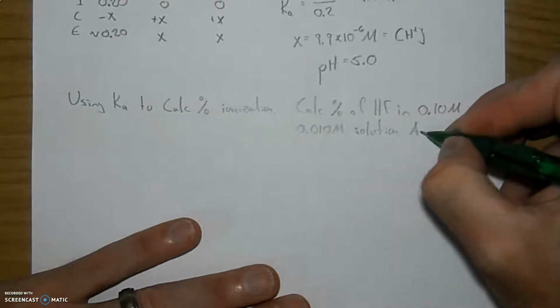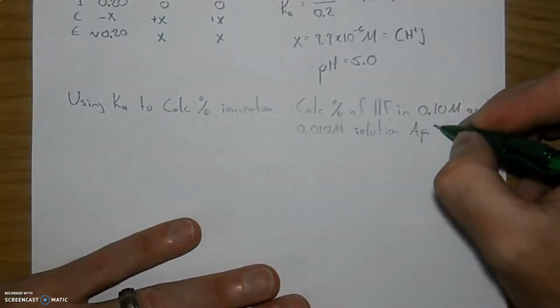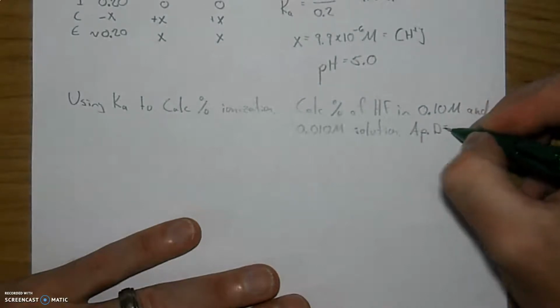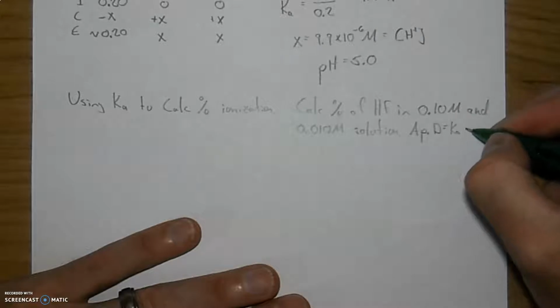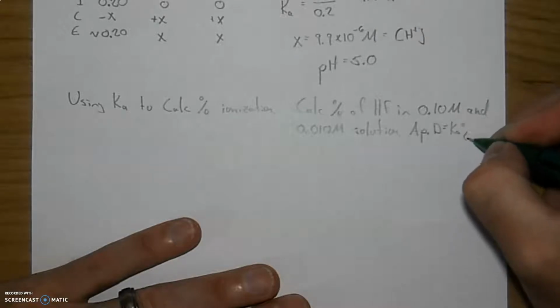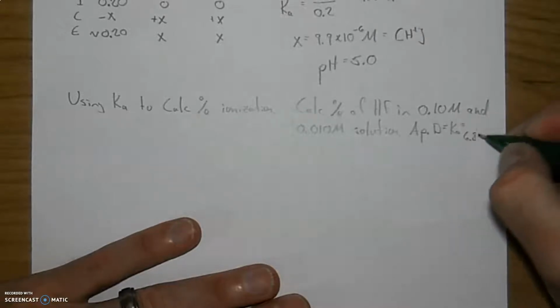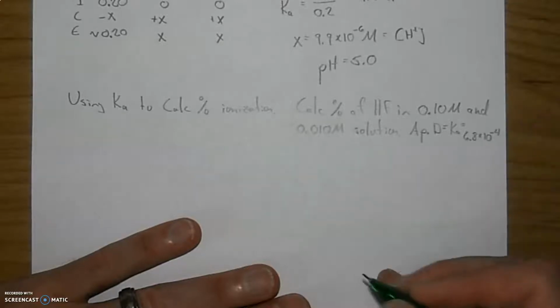And if I look in the back of the book under Appendix D, I will see the Ka value for hydrofluoric acid is 6.8 times 10 to the negative 4.